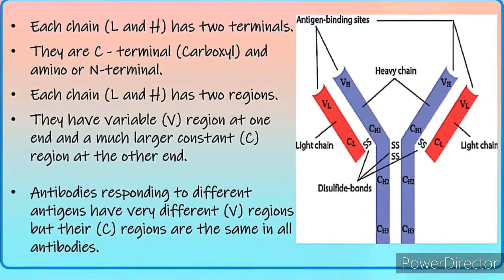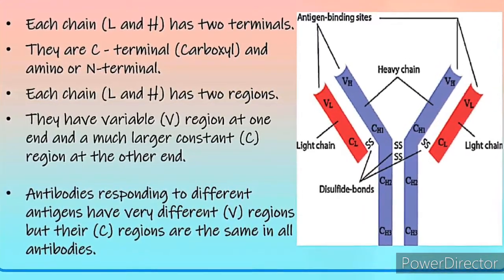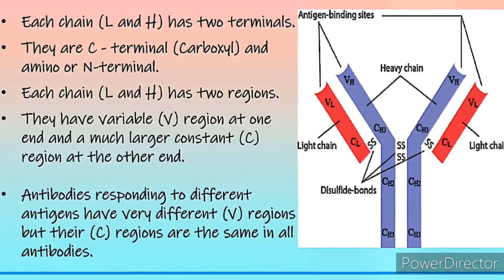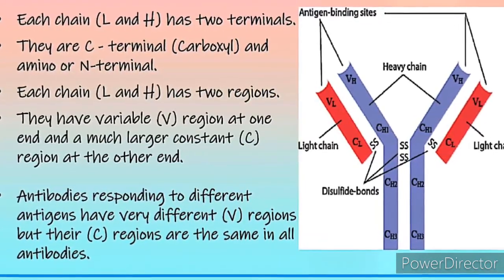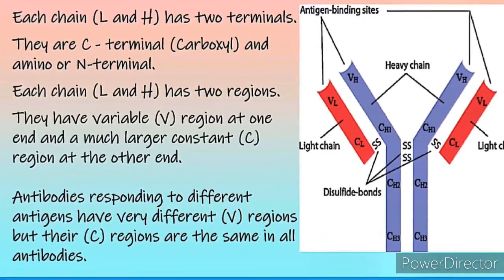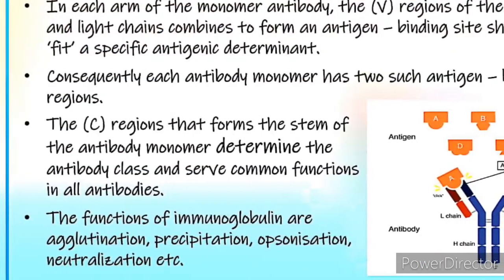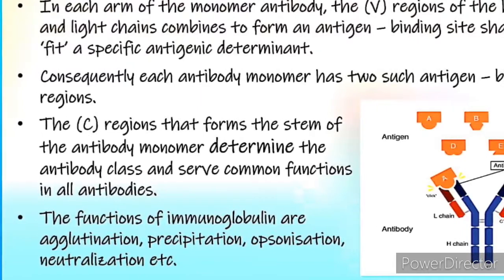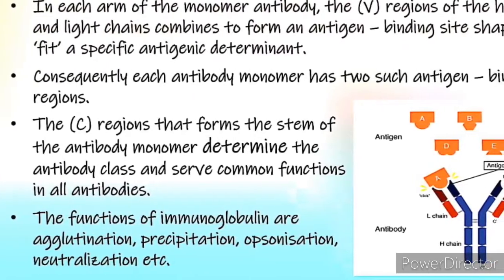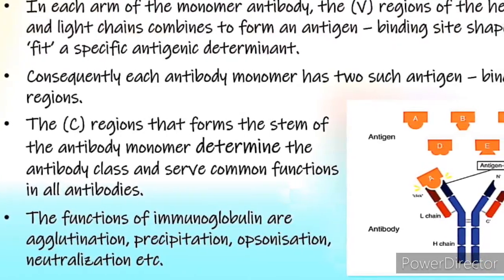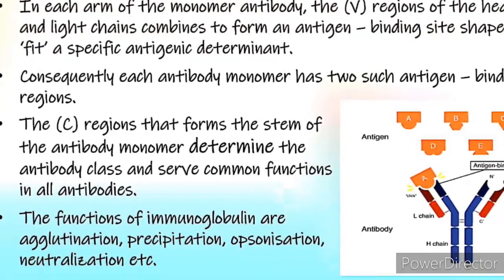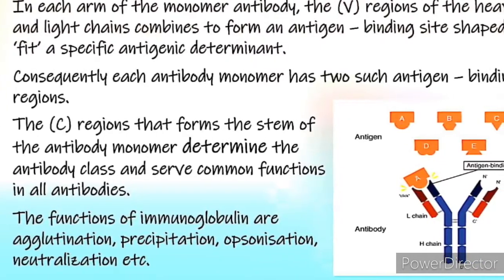They have variable region at one end and constant region at another end. So variable region is the only antigen binding site. Okay, functions: agglutination, precipitation, opsonization, neutralization. Agglutination means antibodies go and capture the antigens, so they agglutinate.